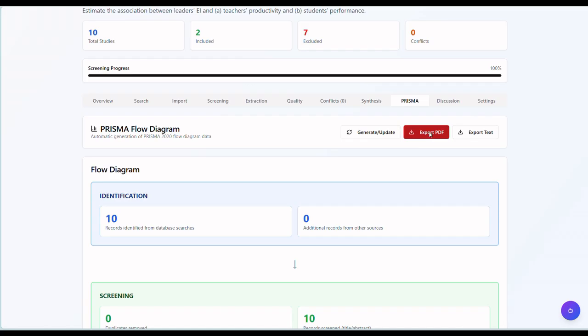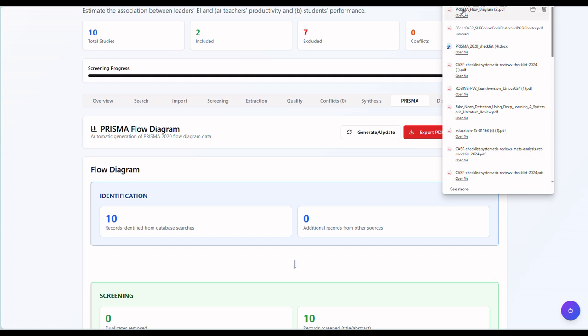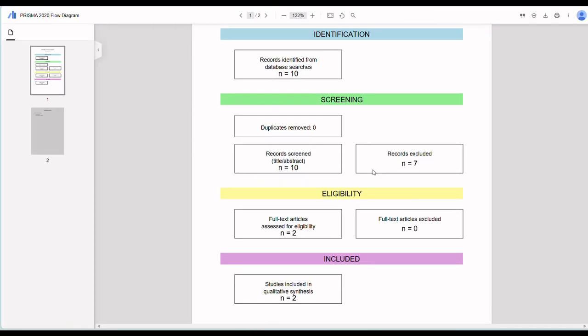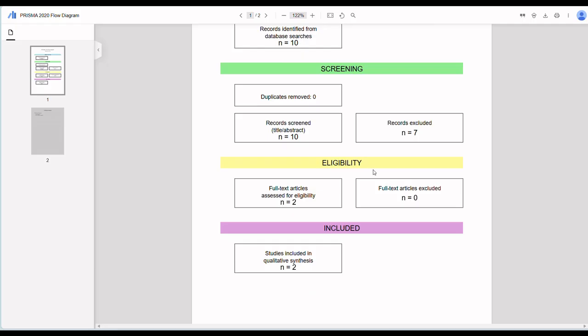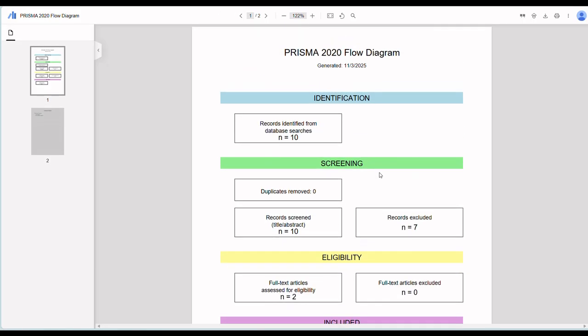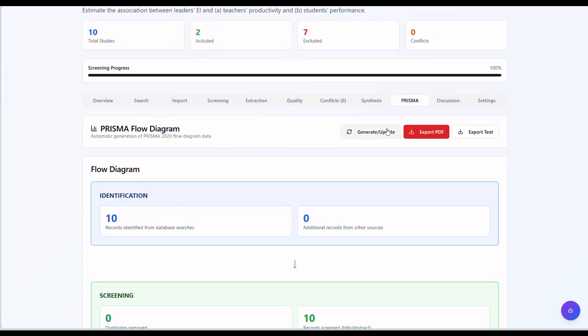I can say export. If I export it now, it's going to give me a PRISMA diagram. Can you see the information that I need to include in that place has been generated for me based on the articles that I've included? But everything is still in the pipeline.